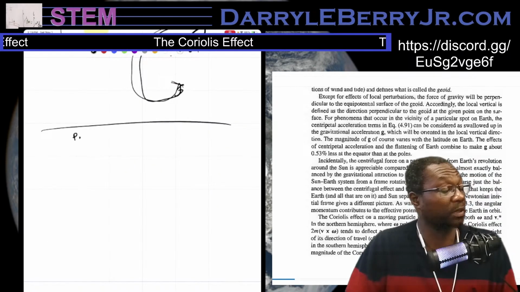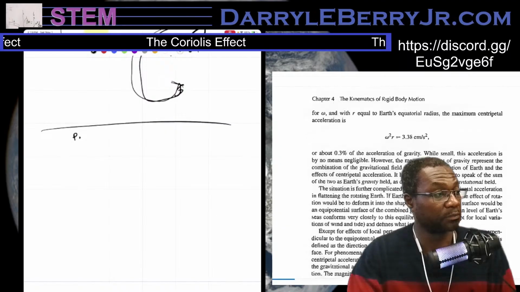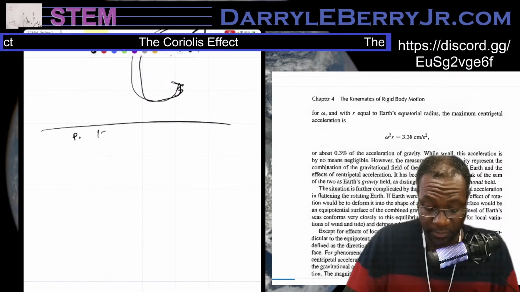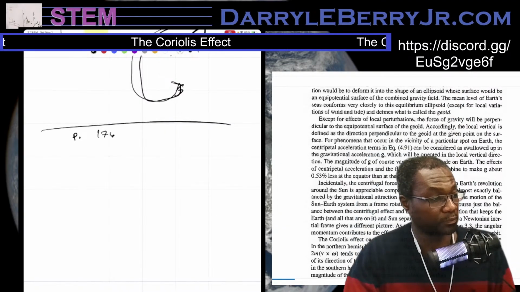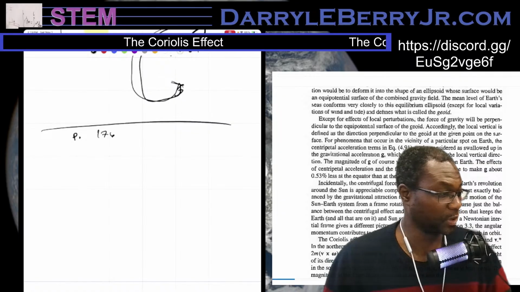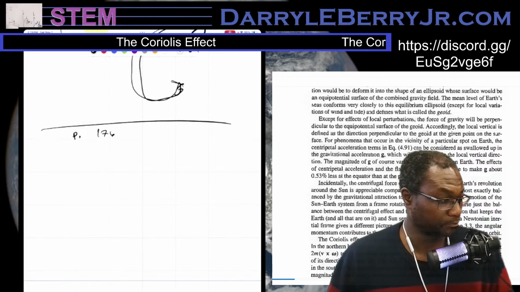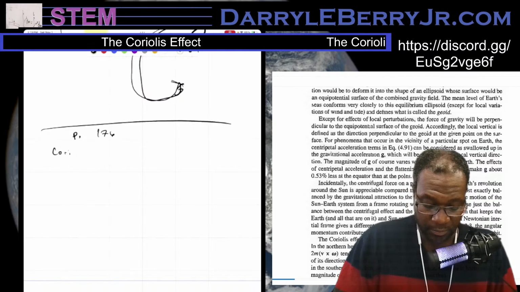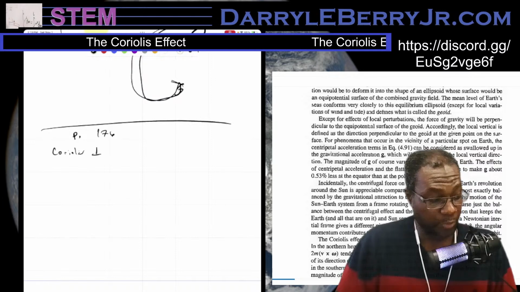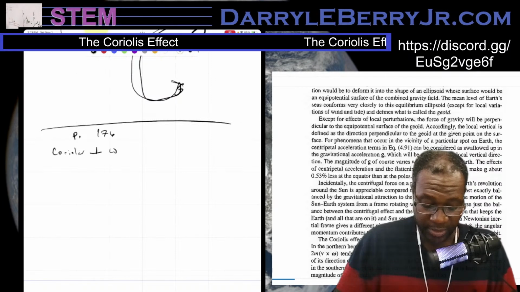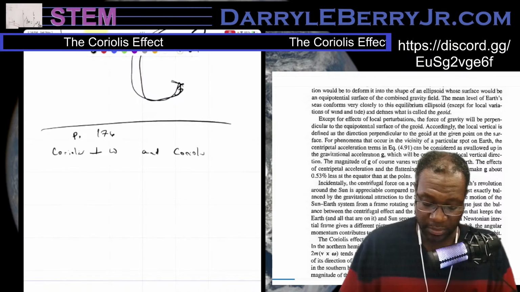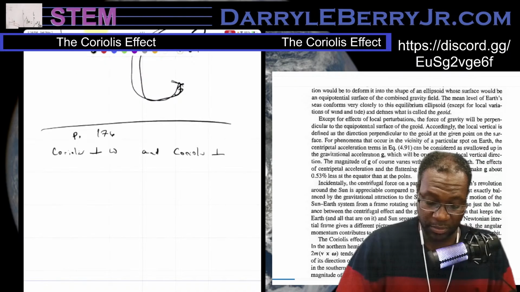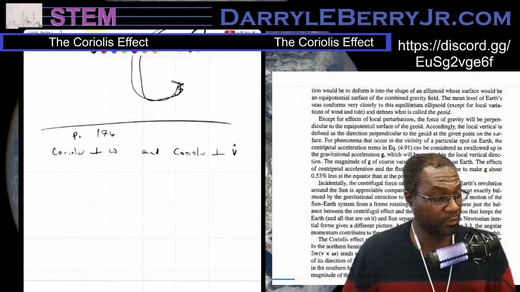Right now we're on page 76. Coriolis is perpendicular to omega, and Coriolis is perpendicular to V.